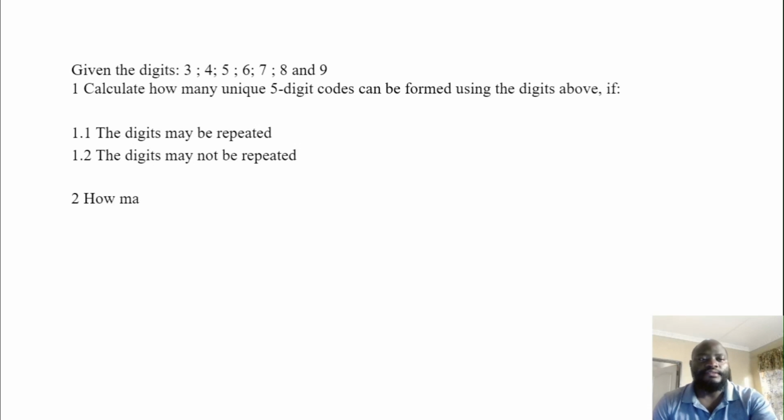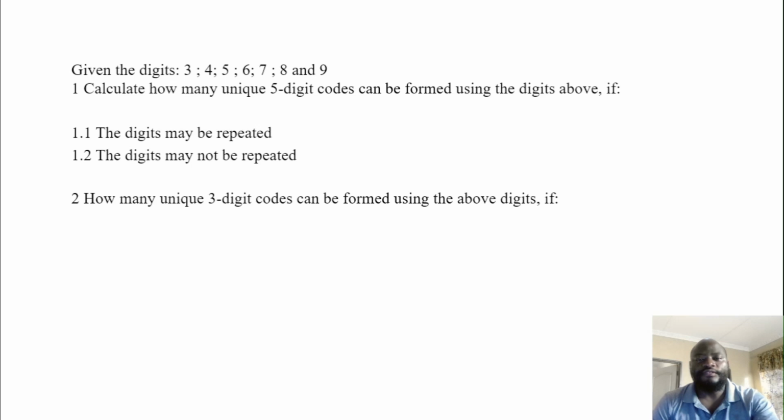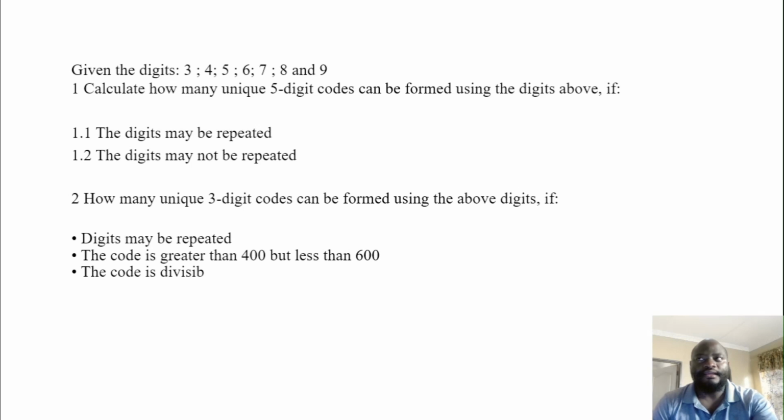Then number 2 says, how many unique 3-digit codes can be formed using the above digits if, 2.1, the digits may be repeated, the code is greater than 400 but less than 600, the code is divisible by 5.